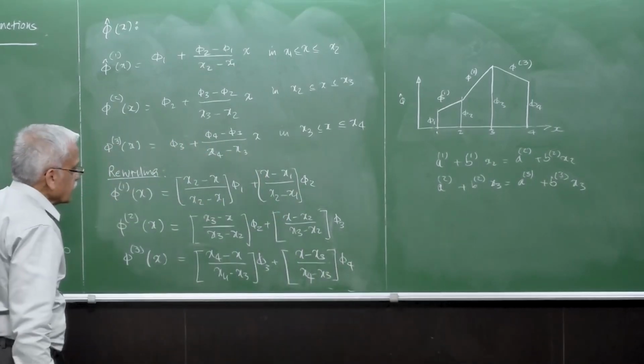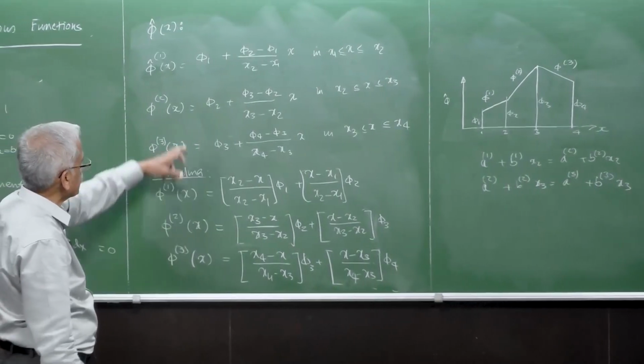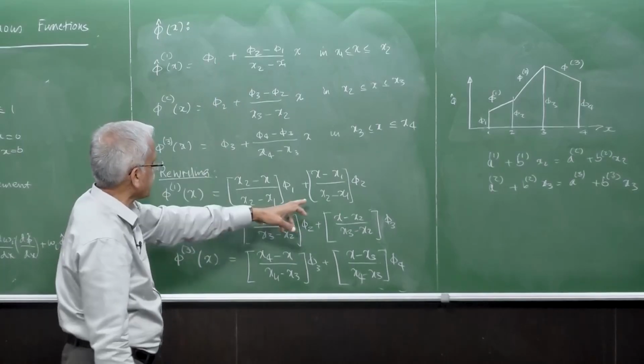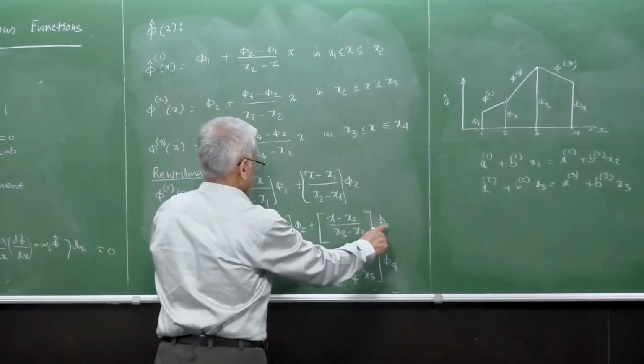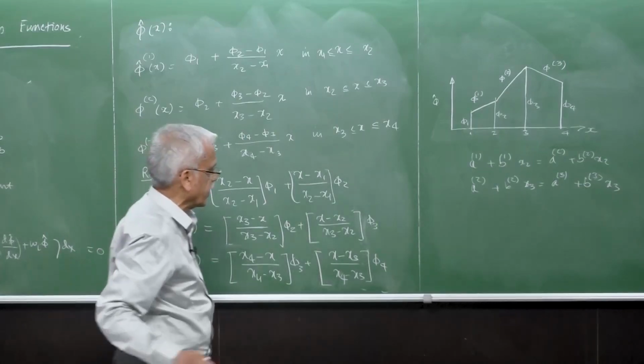Okay, so this is now recollecting these terms phi1 and phi2. Now we wrote it neatly in terms of phi1, phi2, phi2, phi3, phi3, phi4, of course, obviously in different domains.